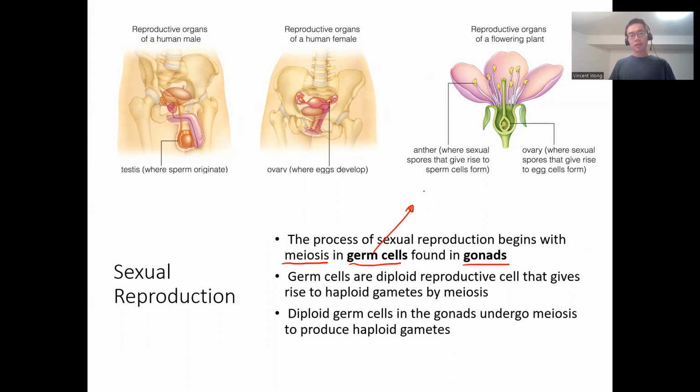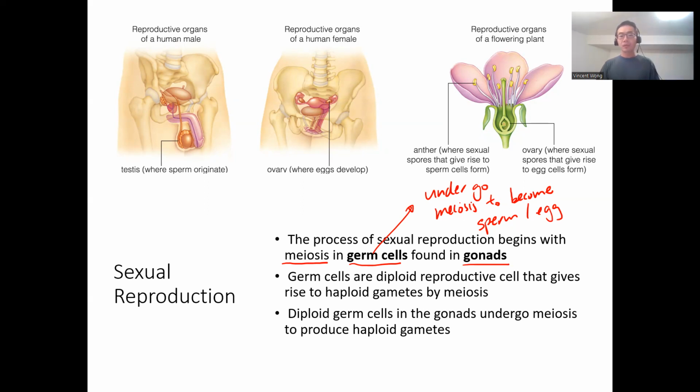We can say better that they will undergo meiosis to become sperm or egg. The germ cells are the cells that are found in the reproductive organs. They are found in the testicles for male or the ovaries for females.